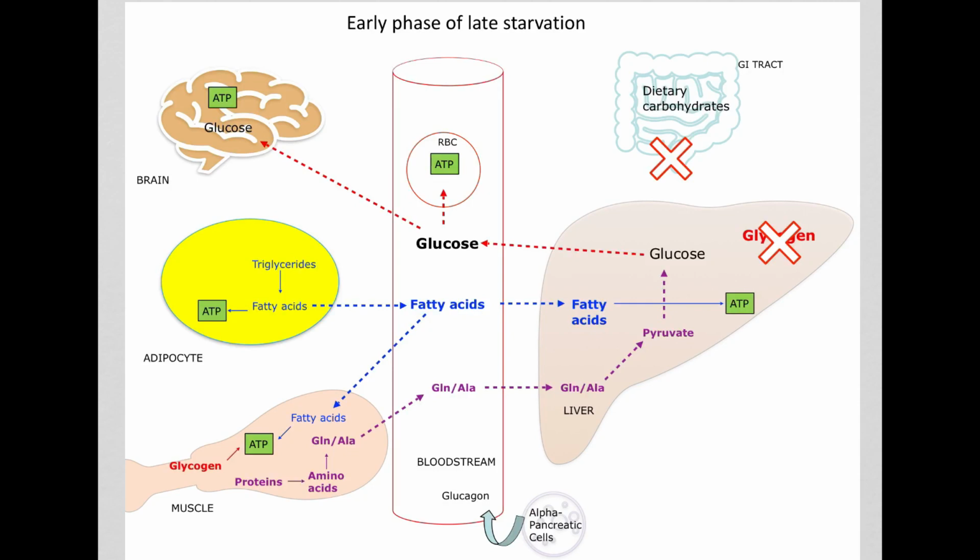So one of the problems of this late starvation program is where we are getting building blocks. This pyruvate, this building block necessary to make glucose, is coming from proteins. Most of the proteins are in muscles, so it's really coming from your muscles, and your muscles are going to start breaking down.